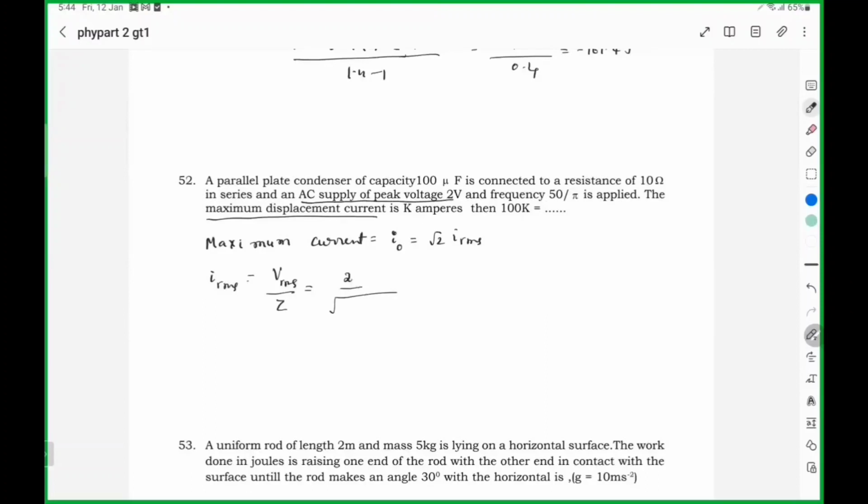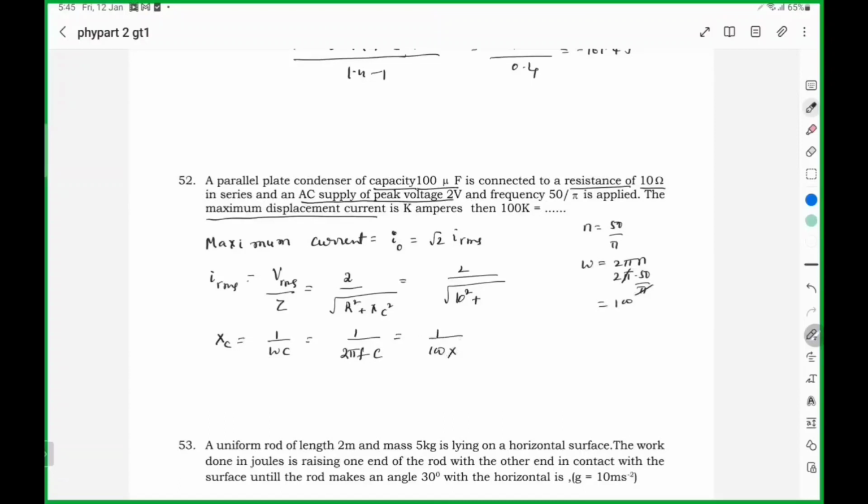Impedance, since it is an RC circuit, is root of R square plus XC square. Resistance we know, 10 ohms. So XC will be 1 by omega C, that is 2 pi f into C. Here he has given frequency as 50 by pi. Omega is 2 pi n.